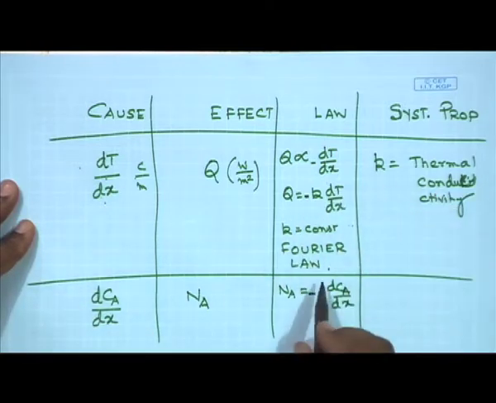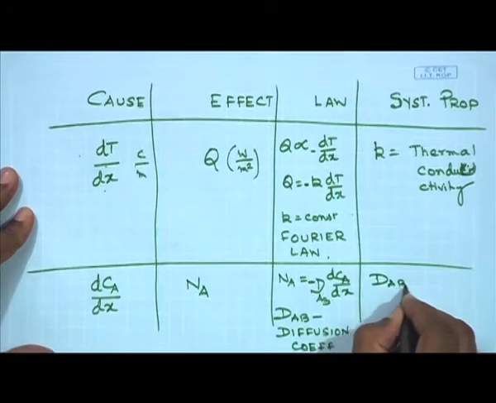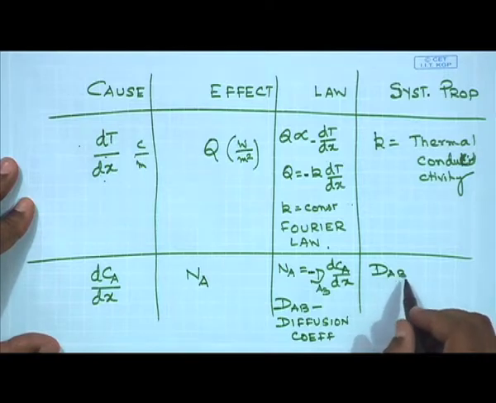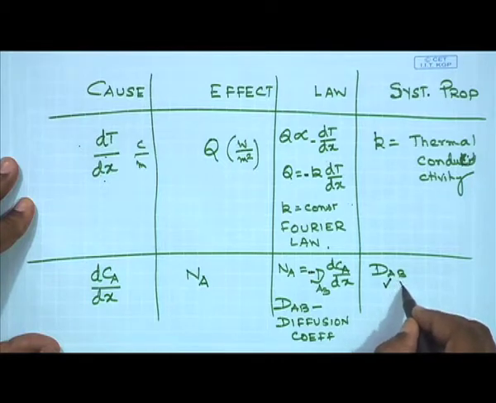It's again proportional, and the proportionality constant D_AB is known as the diffusion coefficient. So D_AB is the system property, the physical property which essentially tells you the diffusion of component A in B.